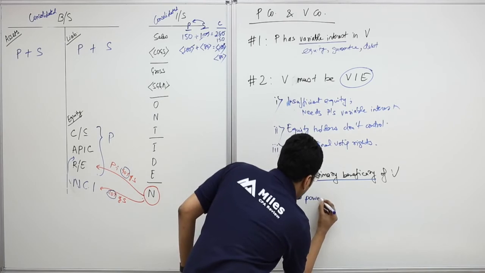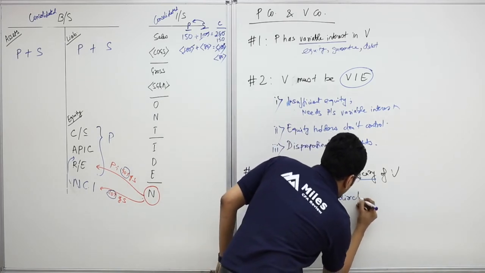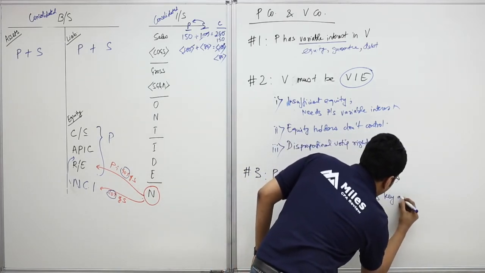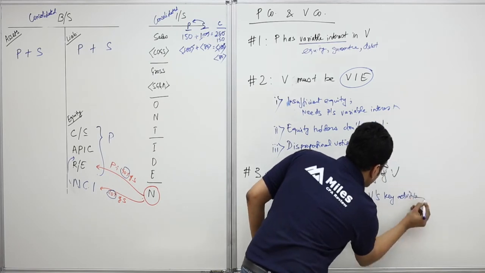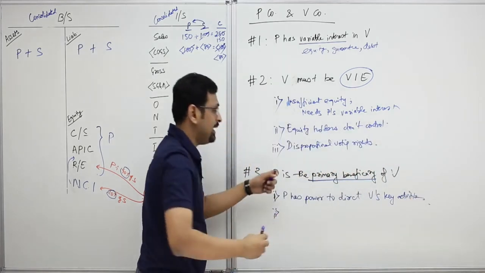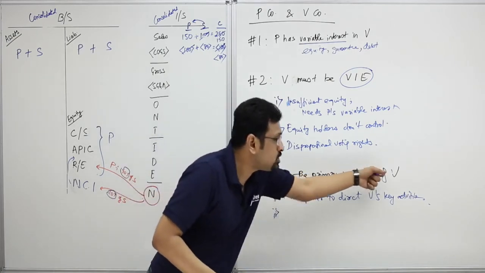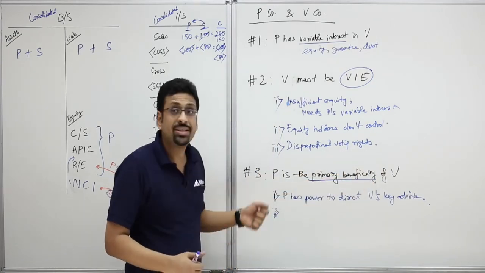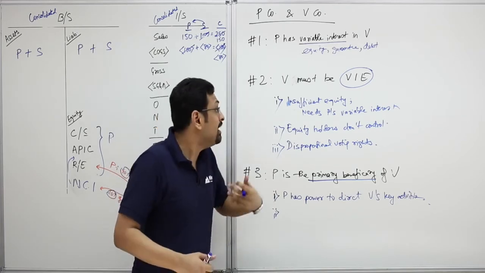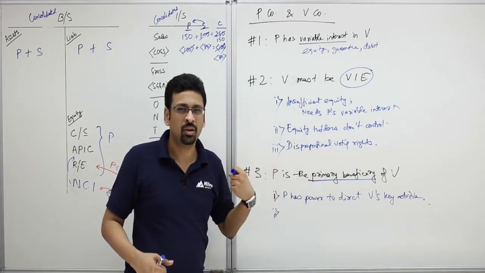P has power to direct V's key activities. And P decides to absorb expected losses of V, or they would receive the expected residual benefits from V.